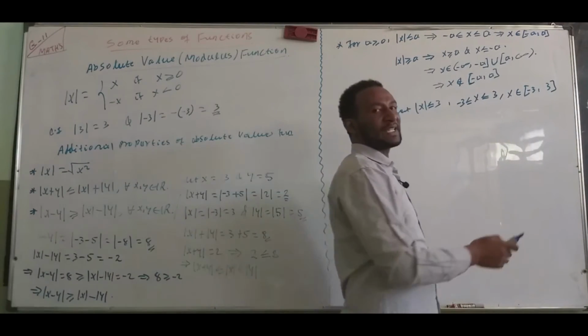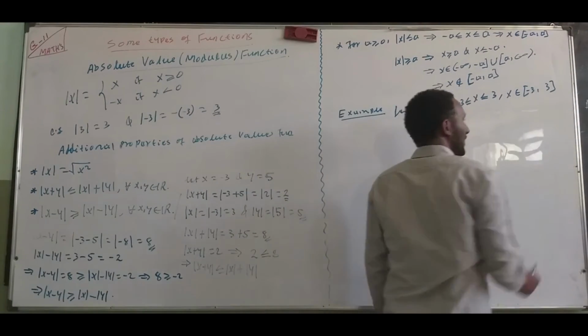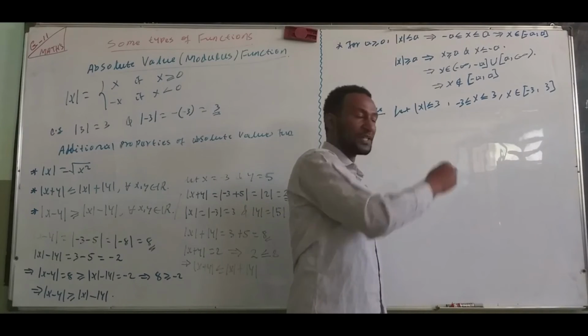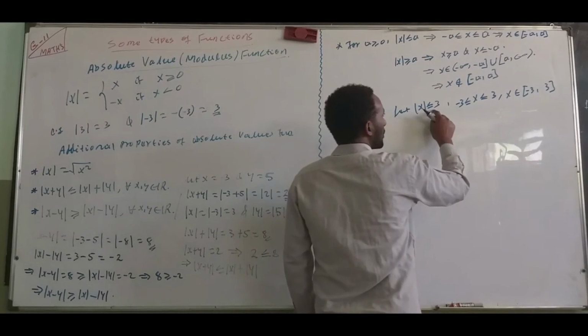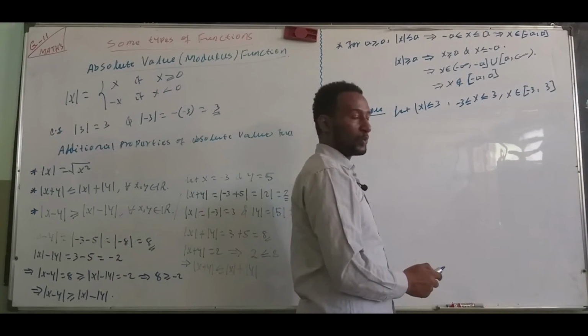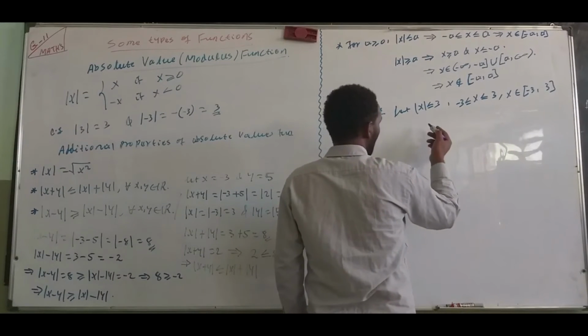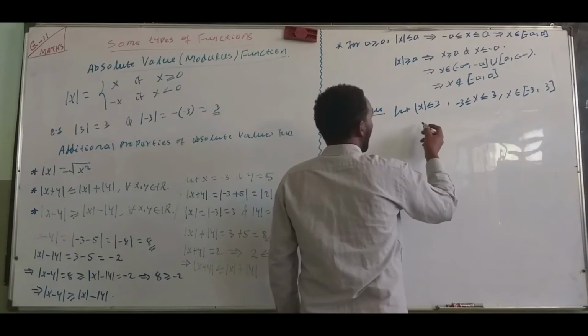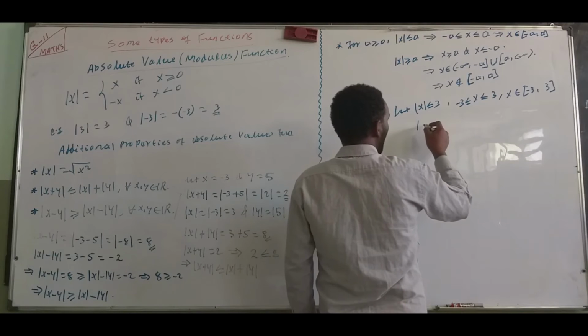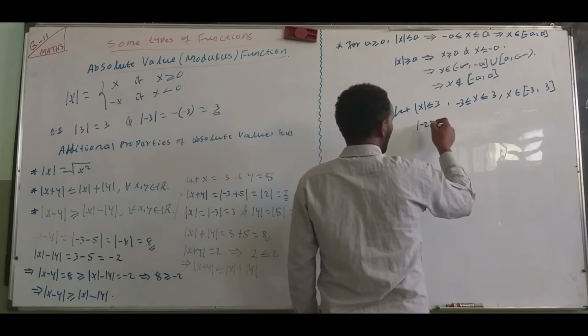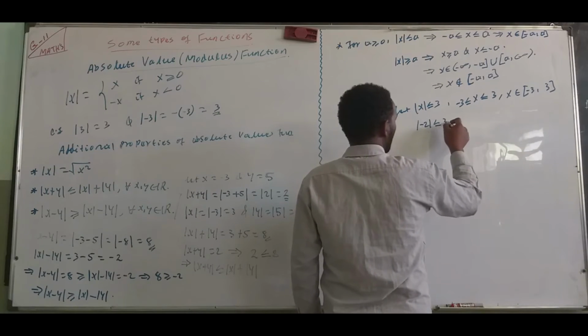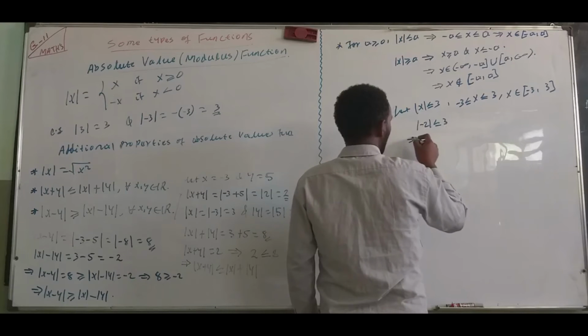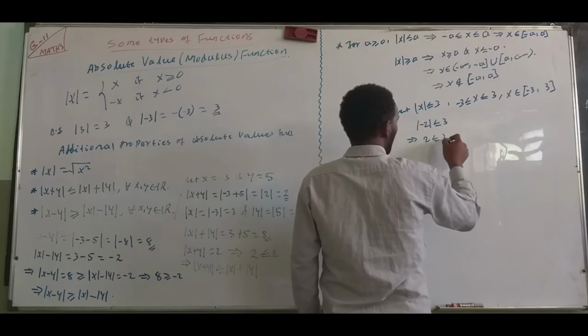Then when we take any number between negative 3 and 3 and substitute it in place of x, we get a value which is less than or equal to 3. This implies, as a counter example, the absolute value of negative 2 is less than or equal to 3, which implies that 2 is less than or equal to 3.